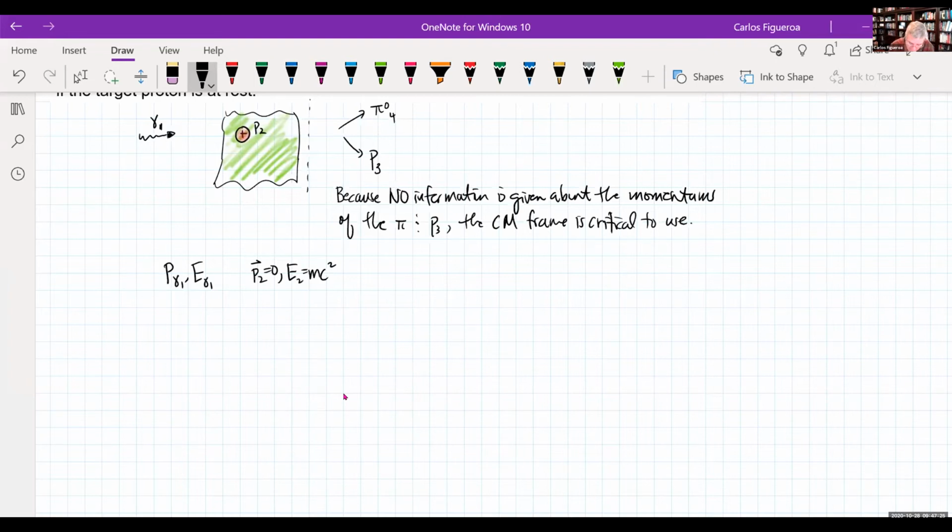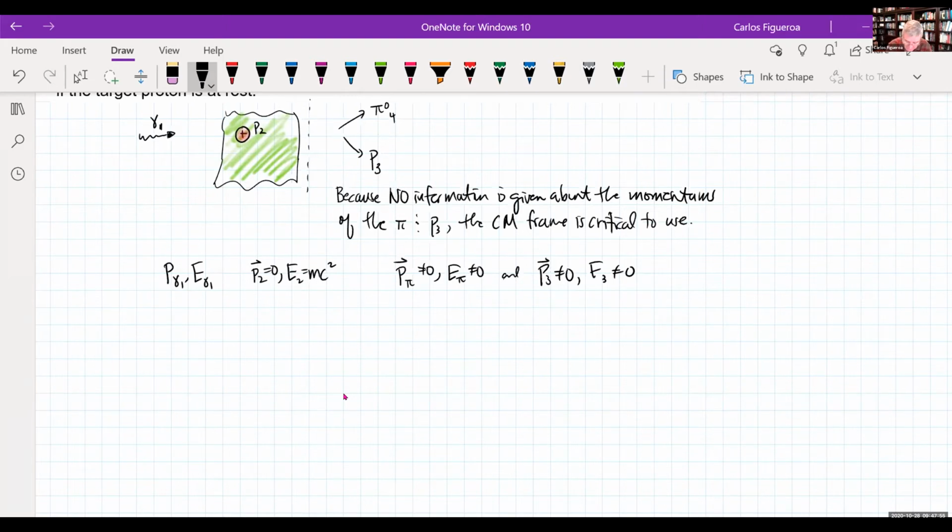The pion does have momentum not equal to zero, and energy not equal to zero. We may not know the details of it. And I know that this third proton has momentum and energy that are not equal to zero.